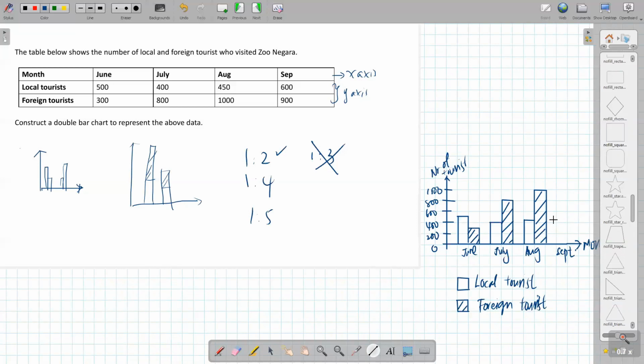Okay, and then come to September, 600. For the local tourists and the foreign tourists, we have 900. Oh, this one is not long enough, we extend a little bit.